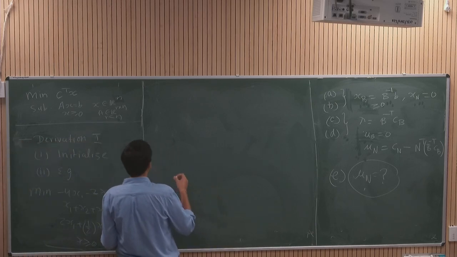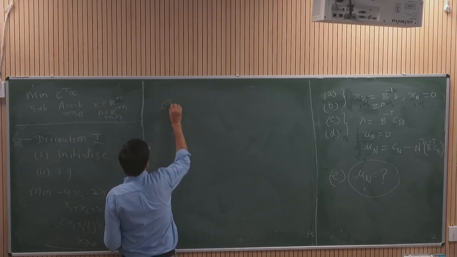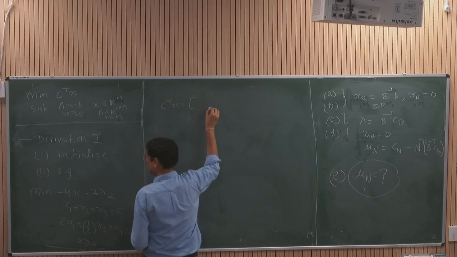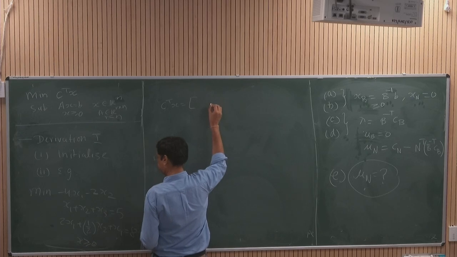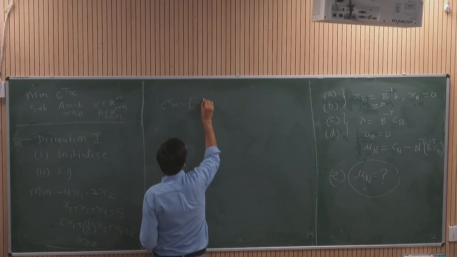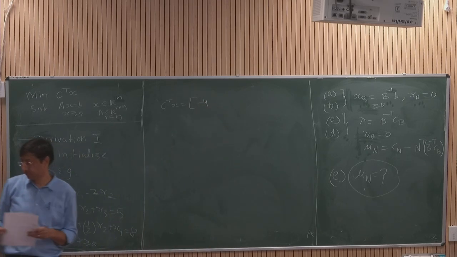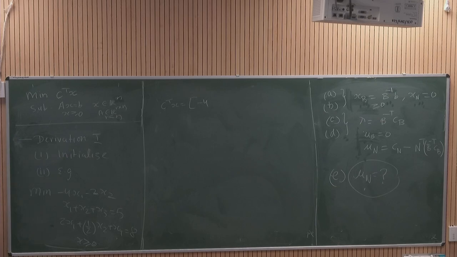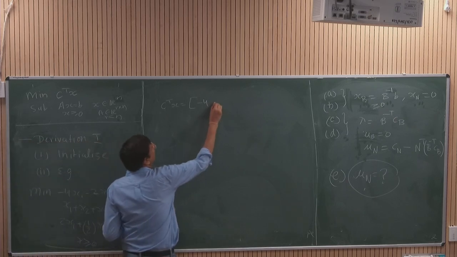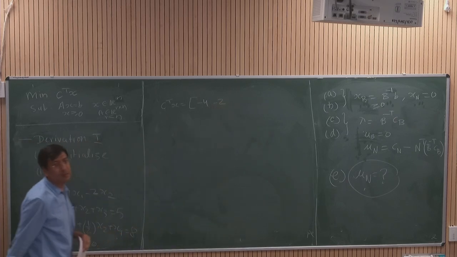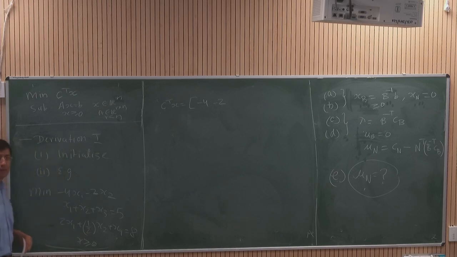Let's just write it in the standard form. So c transpose x is... what is c? Minus 4 and 0 and 0.